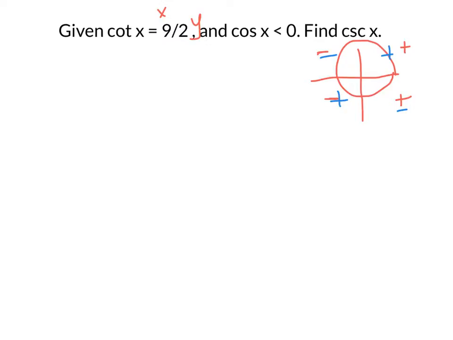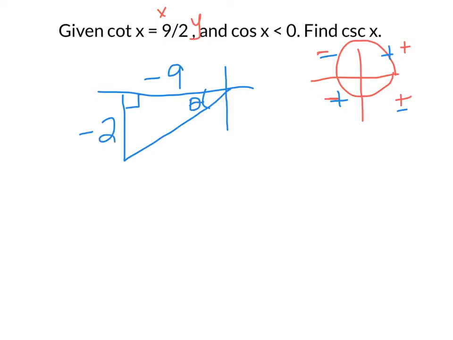So we know that our triangle must be drawn in the third quadrant, because the cotangent is positive and the cosine is negative, which means we have negative 9 as your x value and negative 2 as your y value.